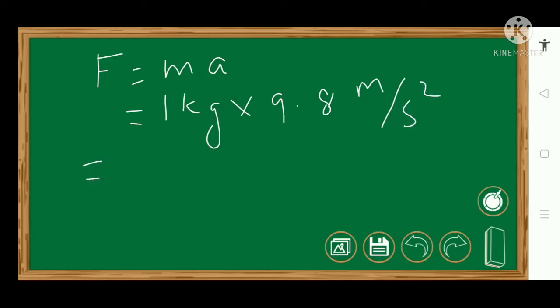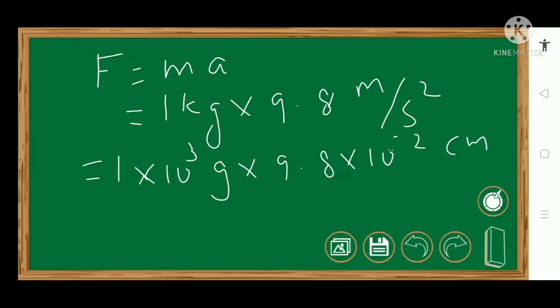Now you have to convert the kilogram into gram. 1 into 10 power 3 gram into 9.8. The meter is converted into centimeter, that is 10 power minus 2 centimeter by second square.